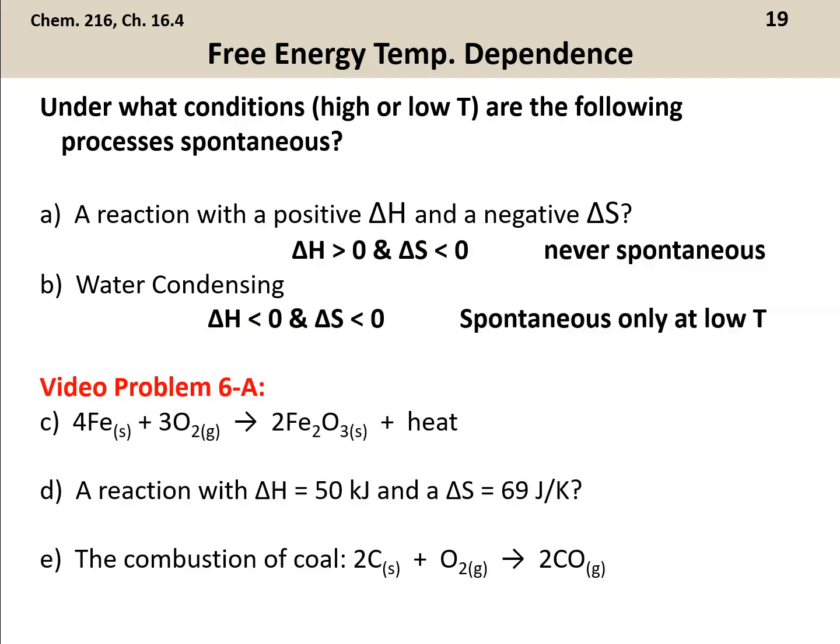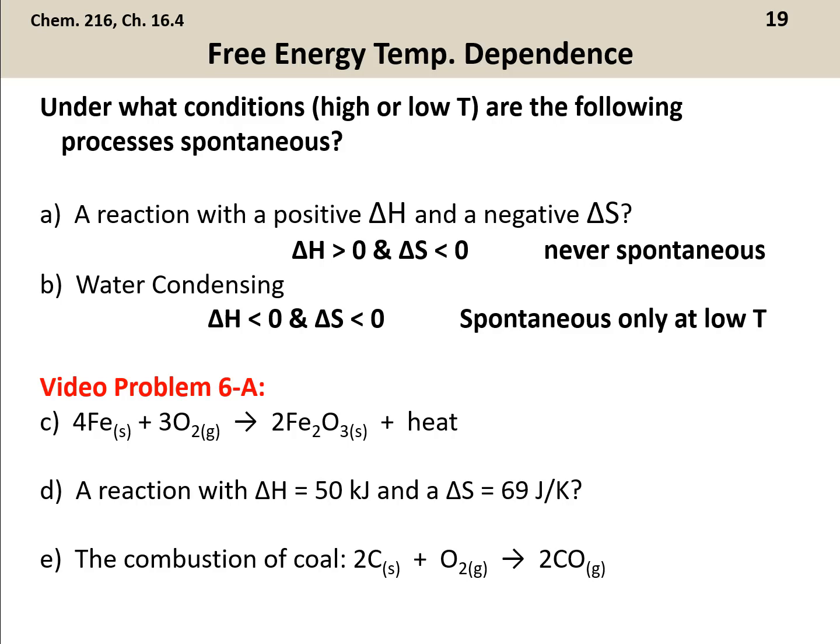Now, why don't you go ahead and do these other three. In C, you're given a reaction, so we need to figure out delta H and delta S. In the second one, we're actually given values, so we can calculate it. And in E, we're asked about the combustion of coal: 2 carbons plus O2 going to 2CO.